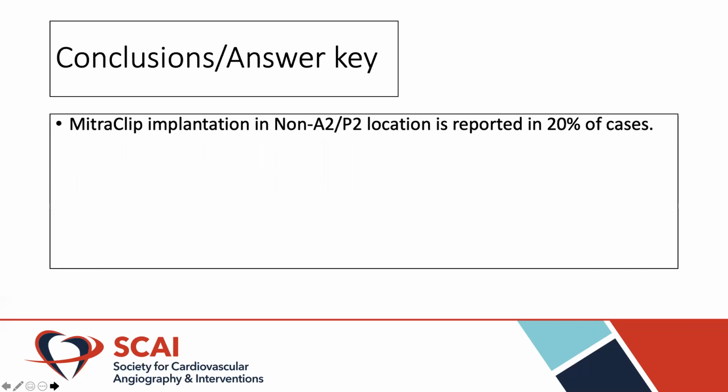The answer key. It's actually true that while the majority of MitraClips implanted according to case series in published reports are in the A2P2 location, up to 1 out of 5 cases, the MitraClip is implanted in the non-A2P2 location.